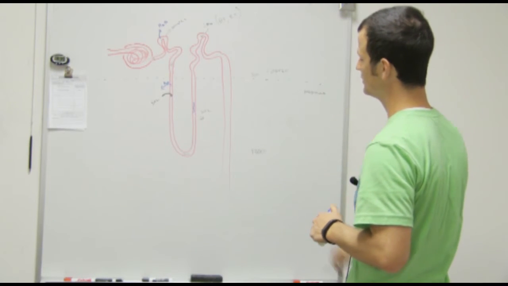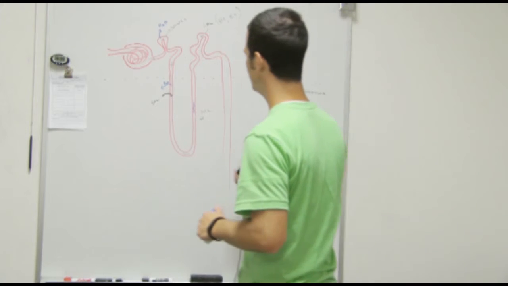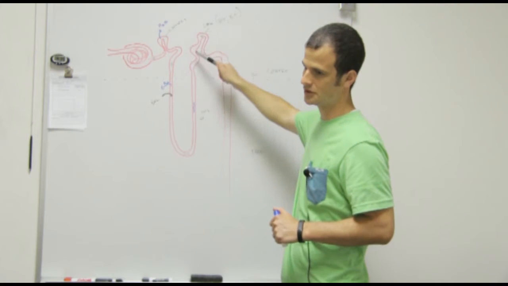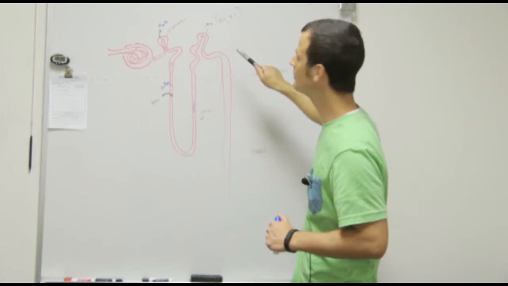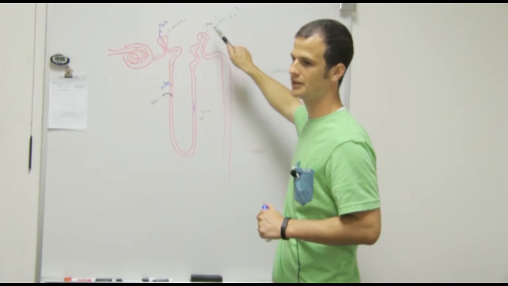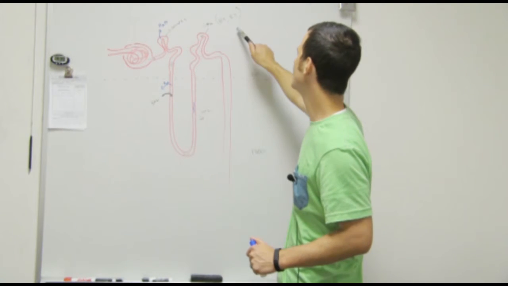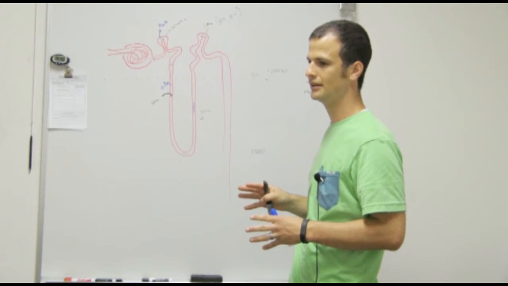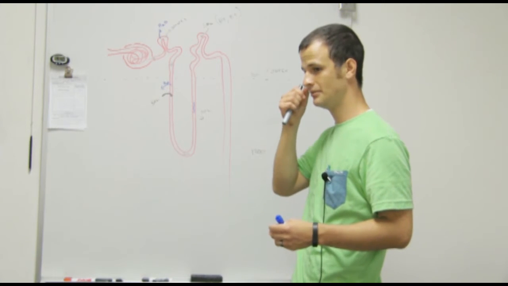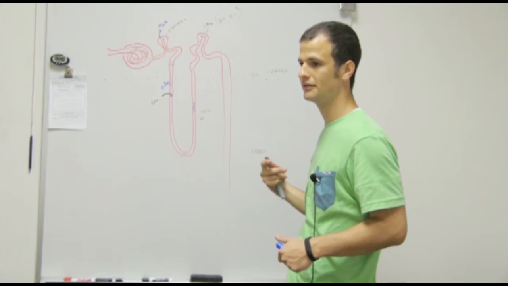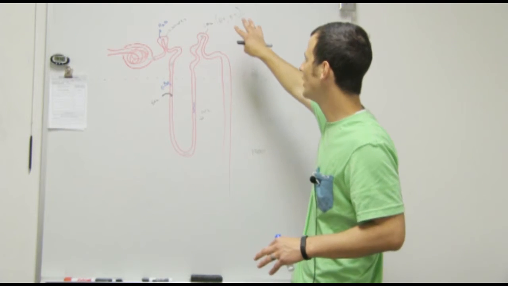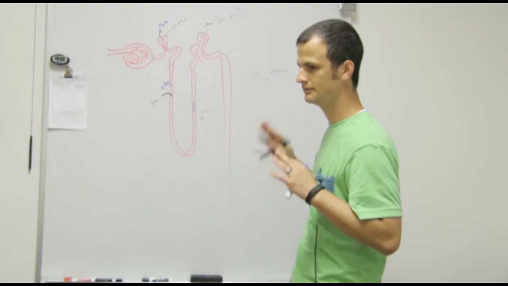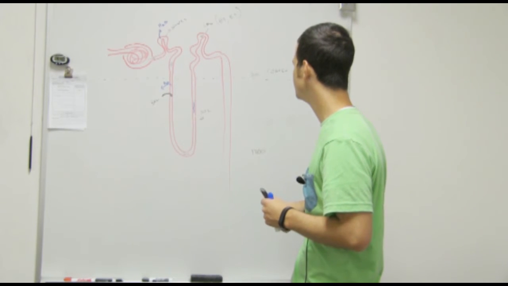This process isn't really driven by osmosis and changes in pressure like here. This is more like it's actively being pushed in by transport proteins and stuff like that. Because hydrogen ion is basically acid, and then potassium levels need to be regulated. If there's too much or too little potassium, it can actually cause heart problems and stuff like that. So this is kind of where it balances out, getting rid of acid, or getting rid of potassium, and balancing that out.